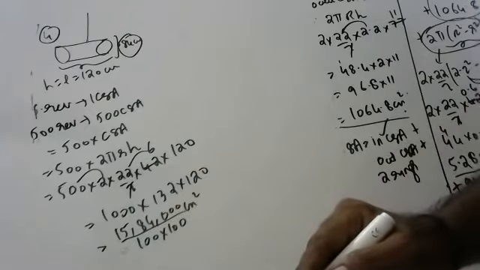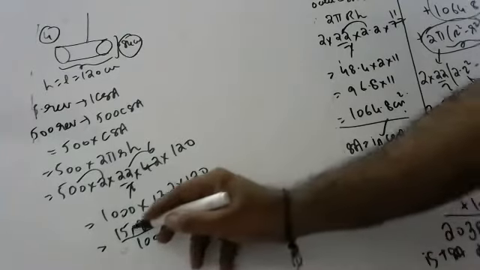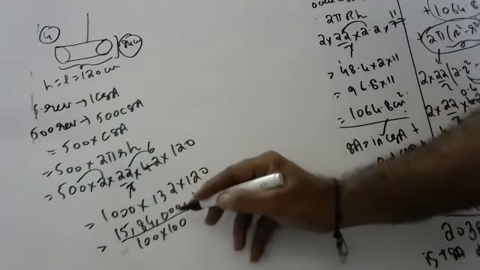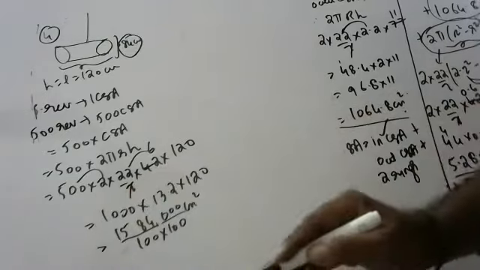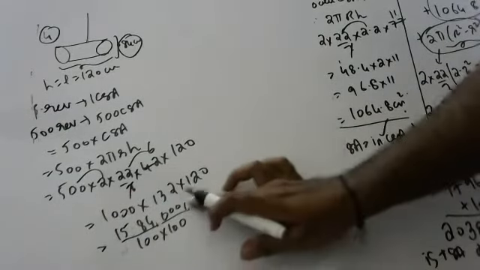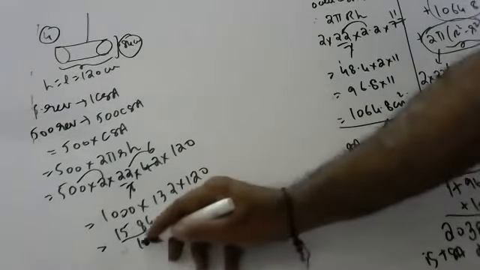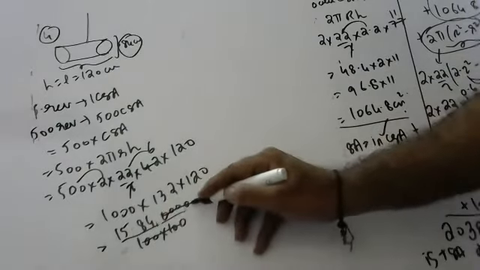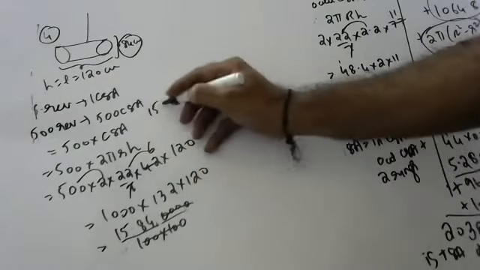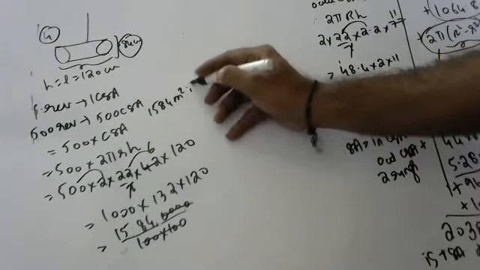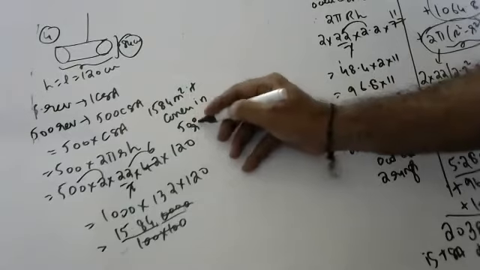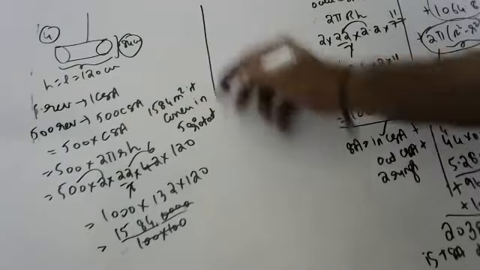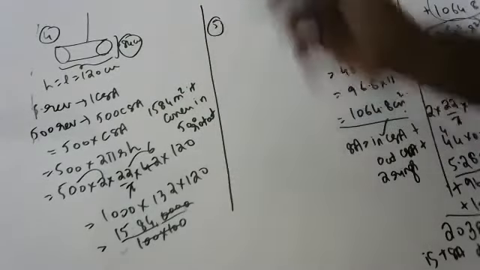The 4 zeros cancel, so the answer is 1584 meters square. It covers this in 500 rotations. Okay, children, next sum.